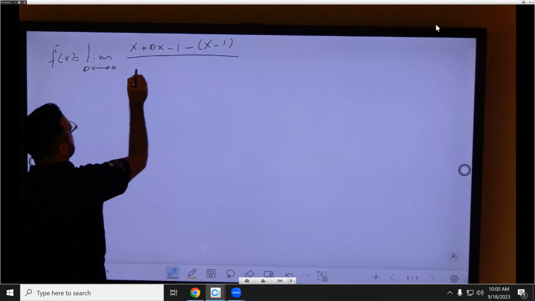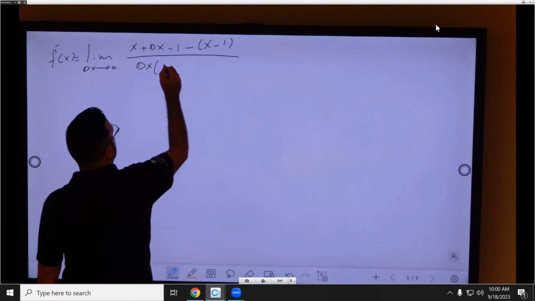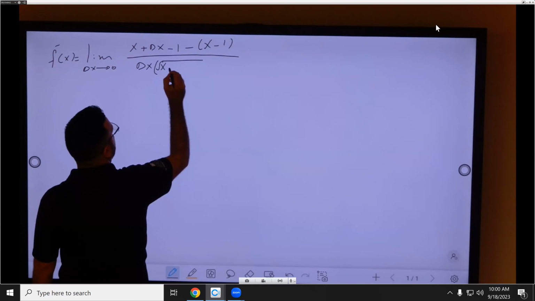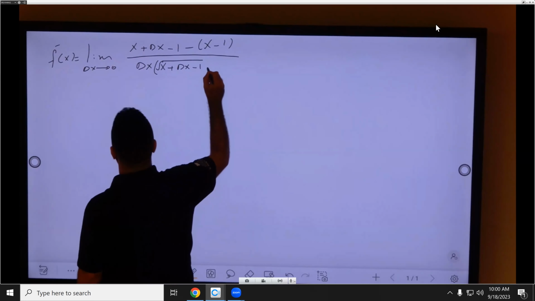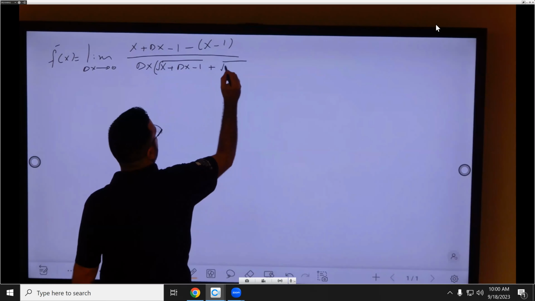You see on the bottom part, we didn't do anything. Just keep it as the square root of x plus delta x minus 1, plus or minus? Plus square root of x minus 1.